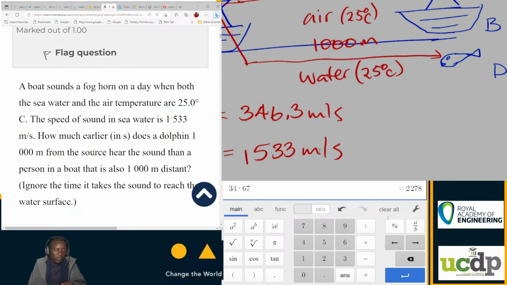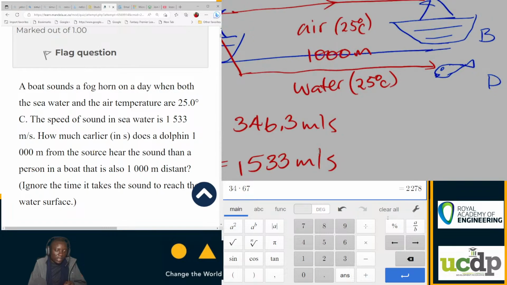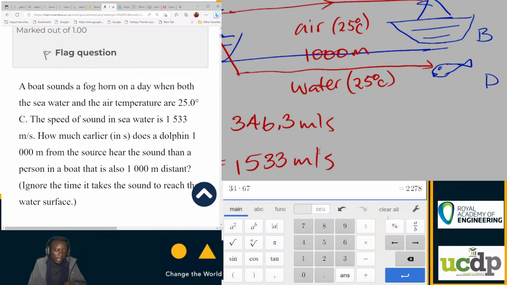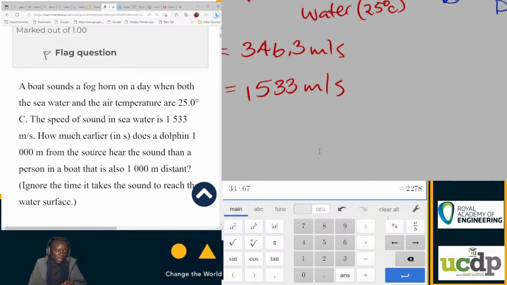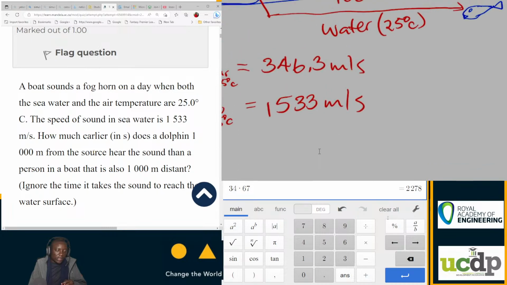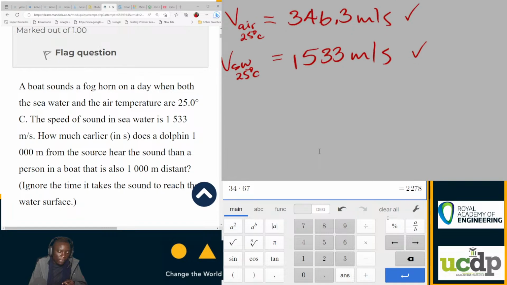We need to find the time it takes for the sound wave to get to the dolphin, and the difference between that time and the duration it would take for the person on the boat to hear the same sound. Take into consideration that the sound is faster in seawater, so the dolphin hears the sound first, and sometime later the man will hear that sound.